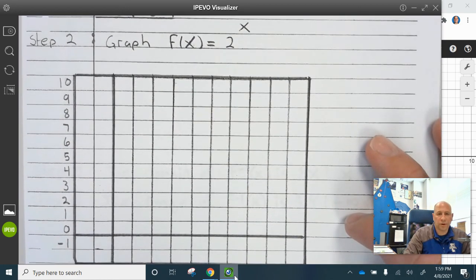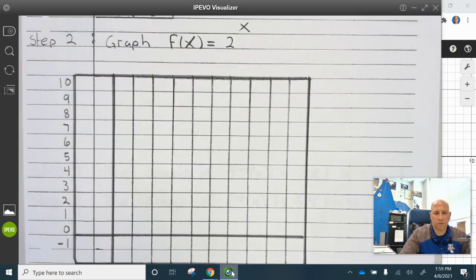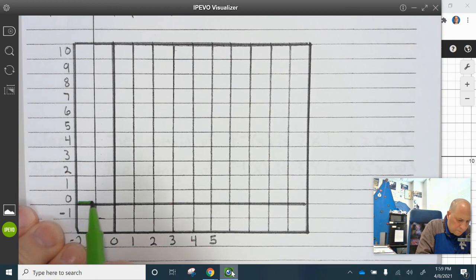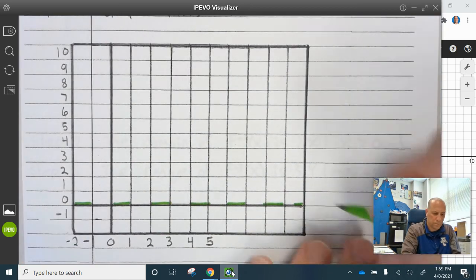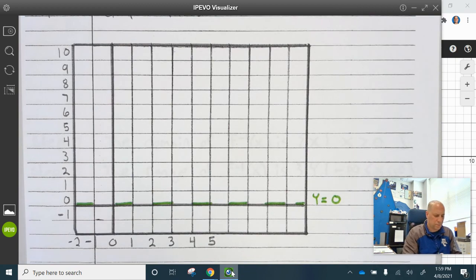Now the graph. First off, we see that we have a horizontal asymptote at y equals 0. So let's go ahead and graph that. All right, now let's graph the points.